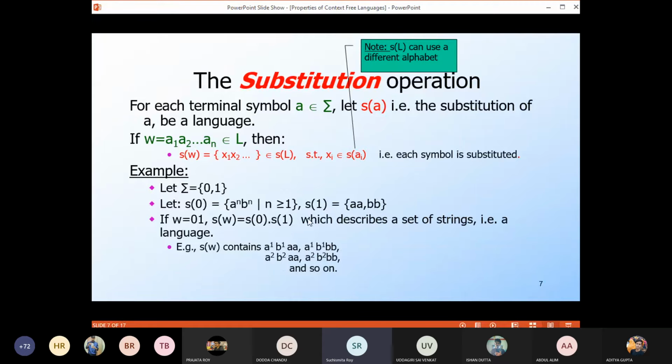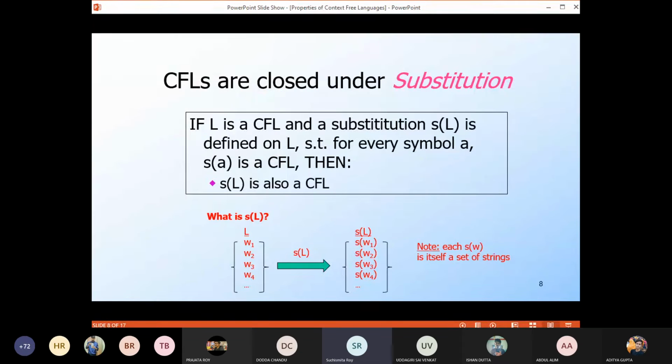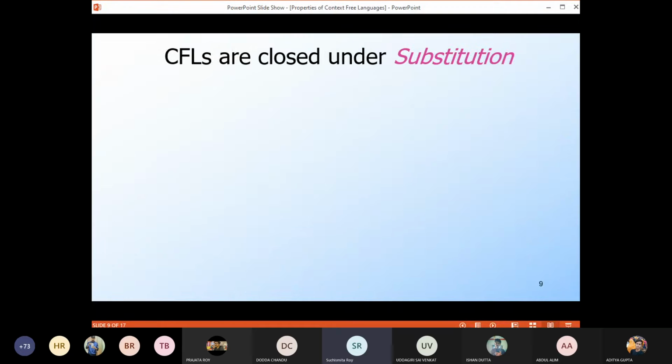So this SW will be context-free, and if SW is context-free, then the substituted language for the entire language SL is also going to be context-free. So context-free languages are closed under substitution. So let's see how we can prove it by construction.